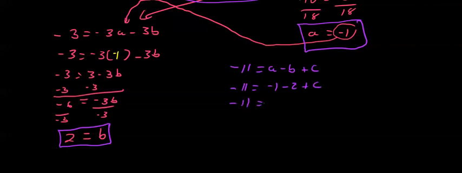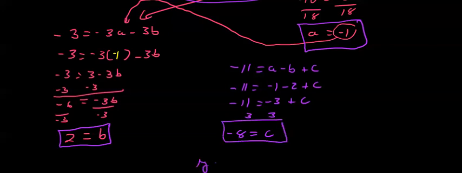Negative 11 equals negative 3 plus c. Add 3. Negative 8 equals c. My final equation then, y is equal to negative x squared, a is negative 1, plus 2x, b is 2, minus 8, c is negative 8. And I'm done. That's all there is to it.